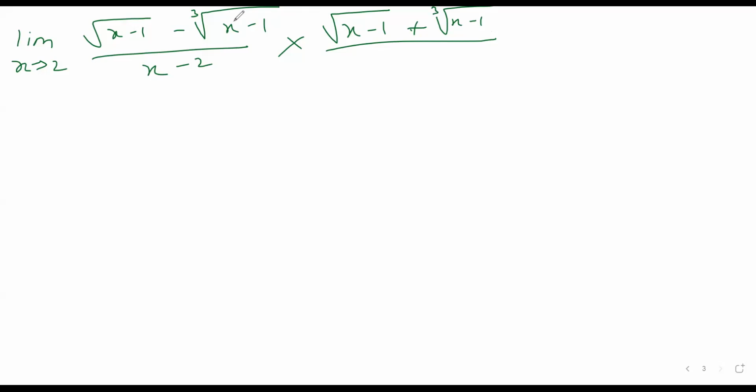Now see, when it is cube root and if we try to square it, we won't get the answer. If we try to square a cube root, we don't get a rationalized answer at all.